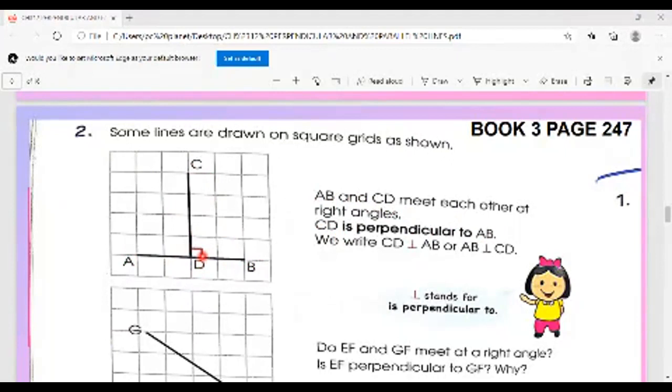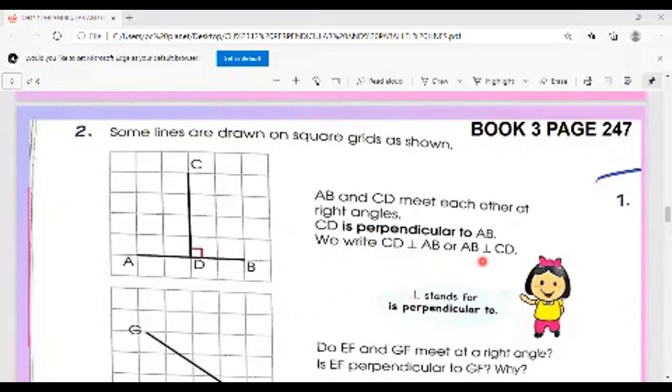Now, another important point for all of you, how you are going to write it down. It's very difficult to write the perpendicular spelling all the time. Perpendicular. CD is perpendicular to AB. So what you're going to do is use this sign. This sign looks like an upside down T. So you can write it easily in short form that CD is perpendicular to AB, or you can even change the position of both.